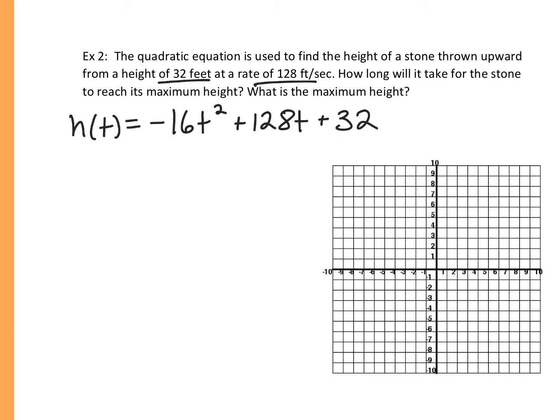Okay. We can go ahead and label what our A, our B, and our C are. And now we've got to put this into our formula. T equals negative B over 2A. So how would I plug that in?